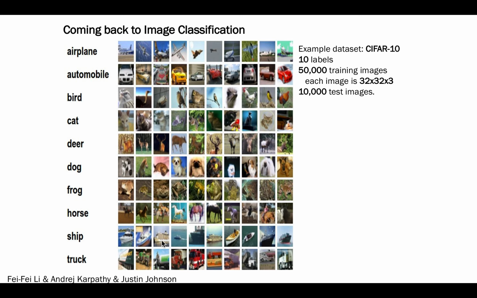For example, this ship category has a lot of blue in it because ships typically are in an ocean, and you will lose that distinction because you mapped into grayscale, and this blue is going to look pretty much like any other plain background, let's say the grass field here. Or the truck category has some fire trucks and they are red, so you will start to lose that type of information.